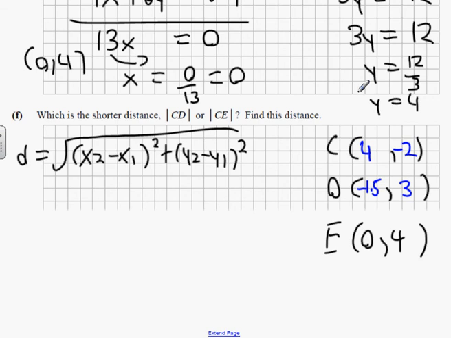Now, what you're going to do is this, guys. C is in both of them, so call C x1, y1. The other two are going to be x2, y2 for each answer. So let's start off with CD.